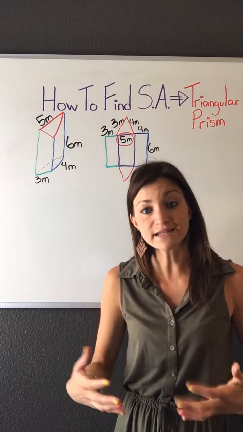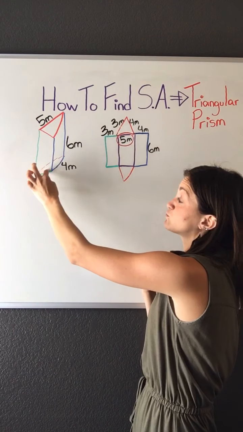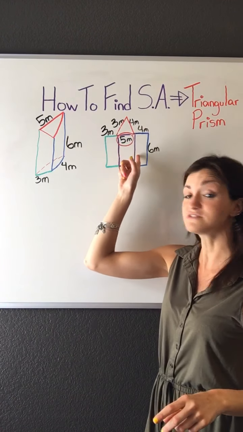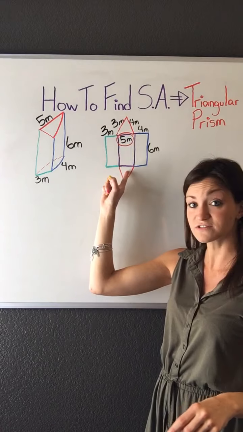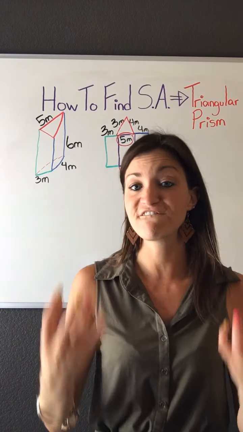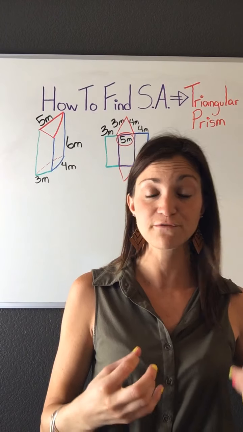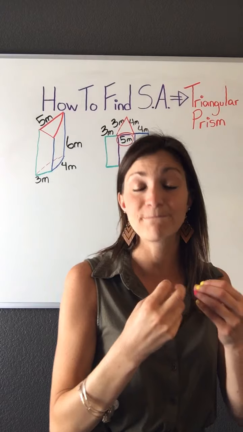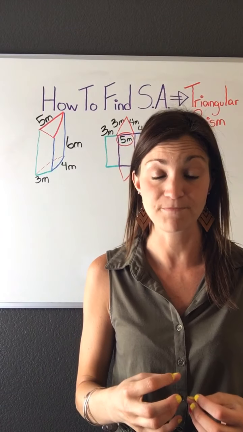This second shape, as you can see here in red, would be a triangle. So in a triangular prism, you have rectangles and you have triangles, okay? These three rectangles are the lateral faces of this three-dimensional figure, and then the triangles are the base or the bases of this triangular prism, okay?